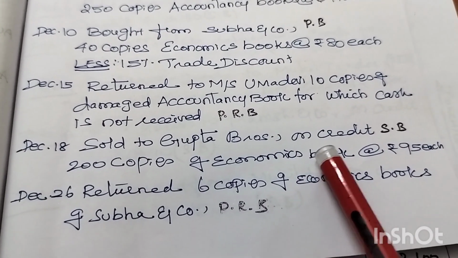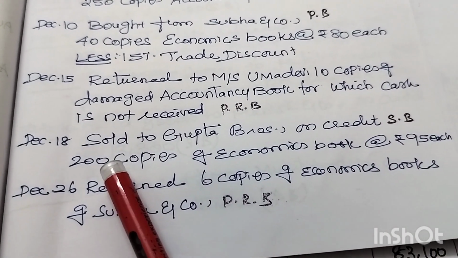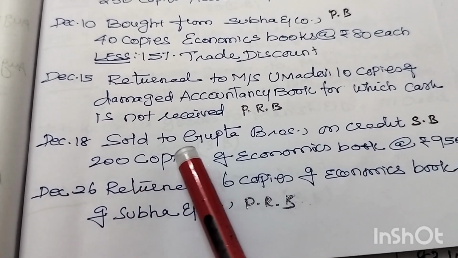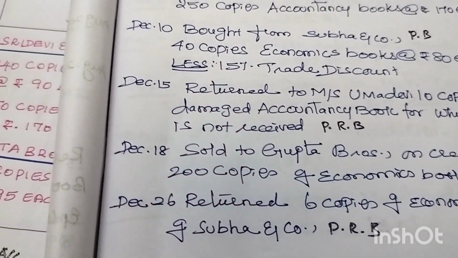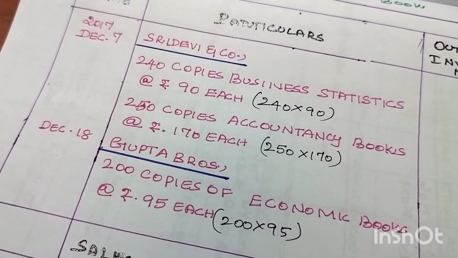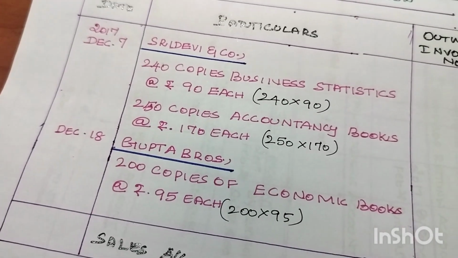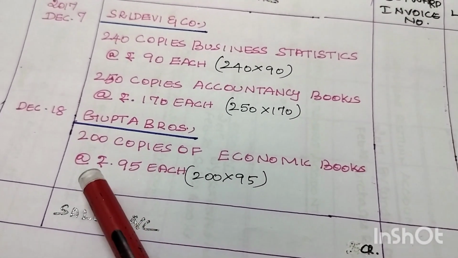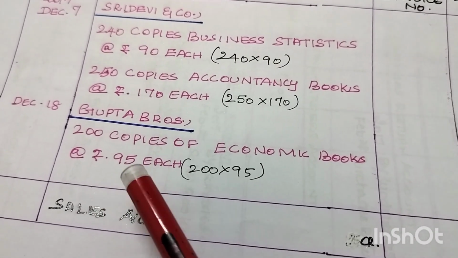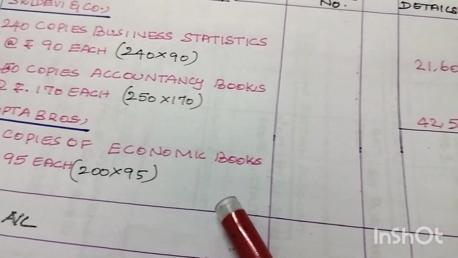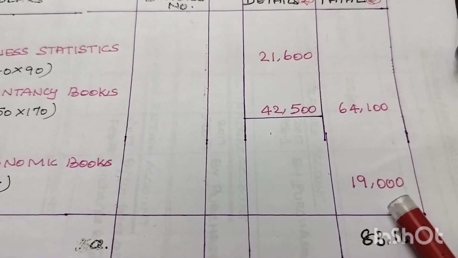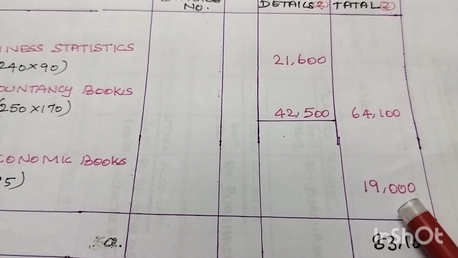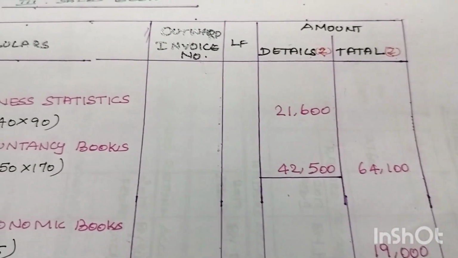This transaction tells us credit sales, which means we are going to enter this transaction into the sales book. So on the sales book on December 18, Gupta Brothers, 200 copies of economic books at rupees 95 each. So 95 into 200, how much do you get? You will get 19,000 rupees. You directly enter it into the total column.